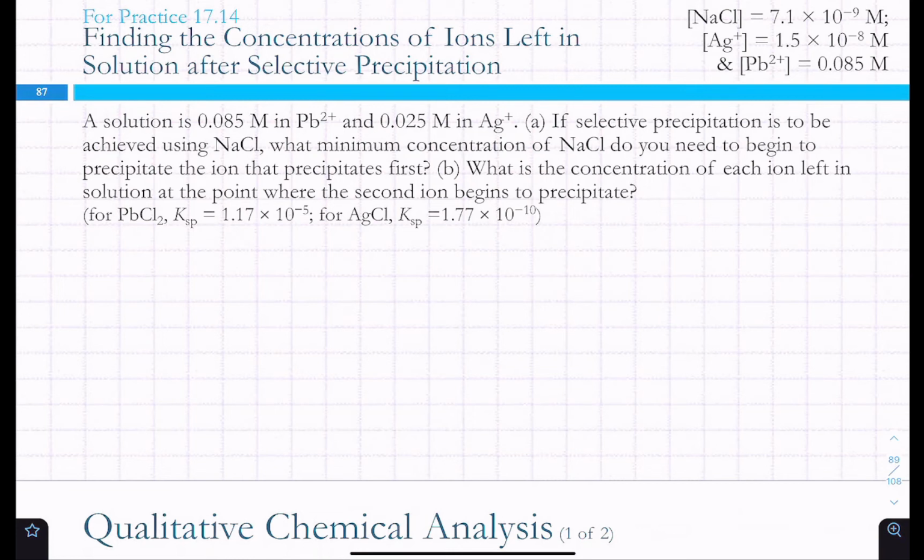A, first part of this, if selective precipitation is to be achieved using sodium chloride, what minimum concentration of sodium chloride do you need to begin to precipitate the ion that precipitates first? Ugh. That's a very poorly worded sentence. So which of these ions precipitates first?